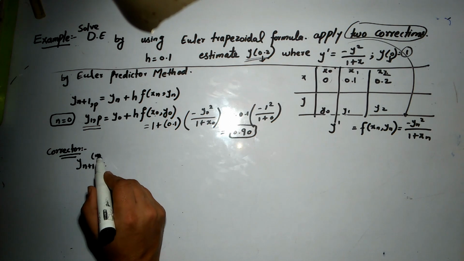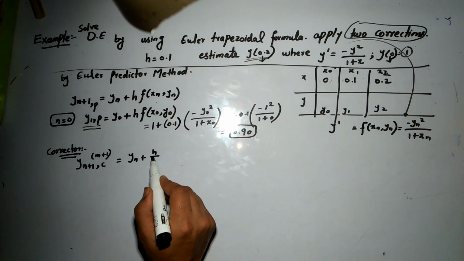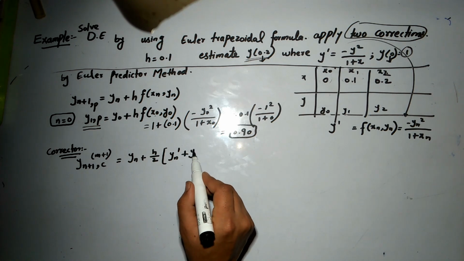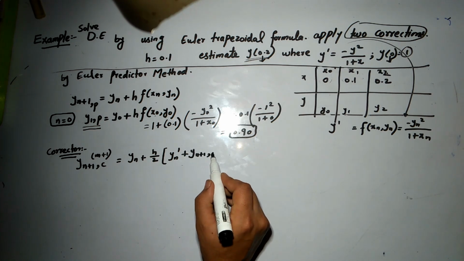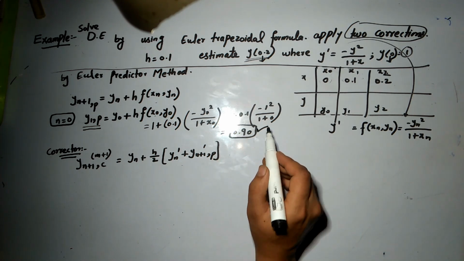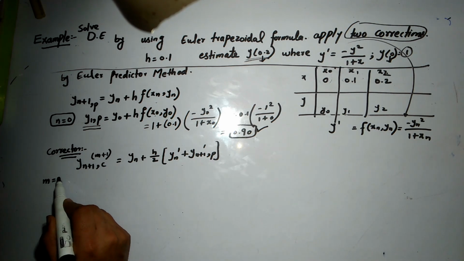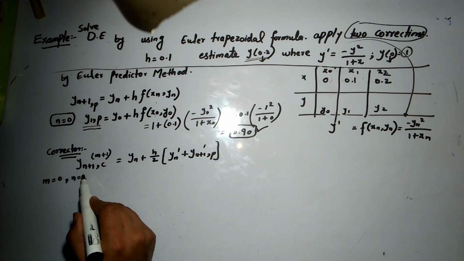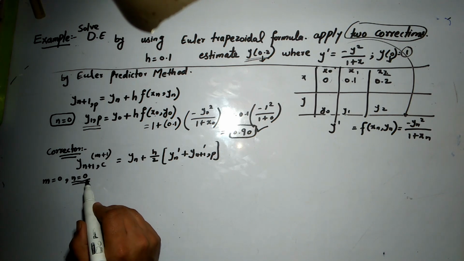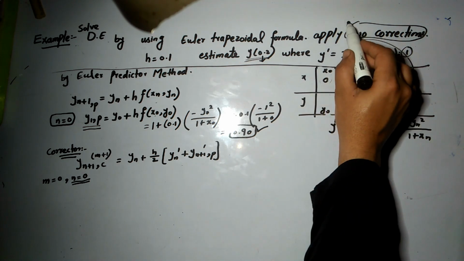It becomes y_{n+1}^{(m+1)} = y_n + h/2 [y_n dash + y_{n+1}^{(p)} dash]. P means we will apply this value here. If I take m equal to 0, m equal to 0 shows the first correction and m equal to 1 will show the second correction. So here we want to apply two corrections.